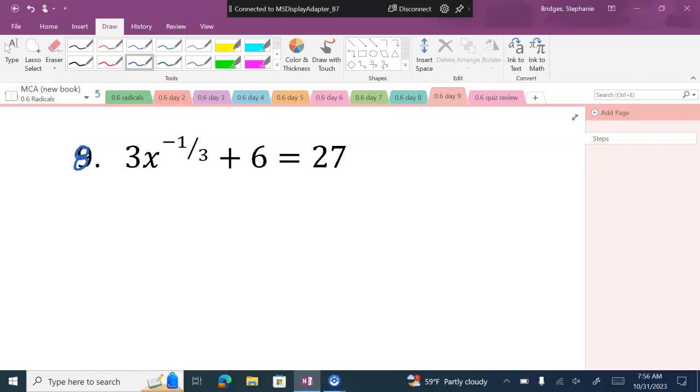Now remember that x has to get all by itself in this one. What's in front of that x that we haven't dealt with yet? The 3. So that's going to disappear too before you raise both sides to your reciprocal power.